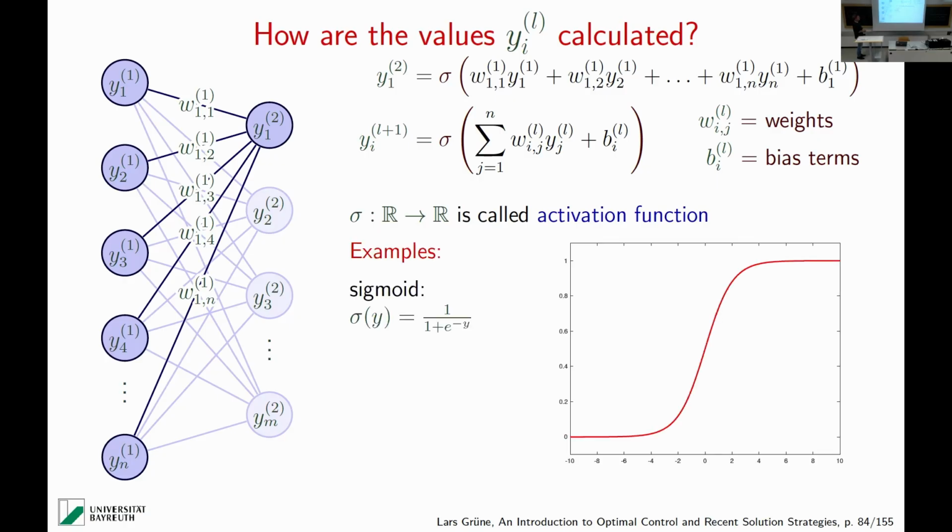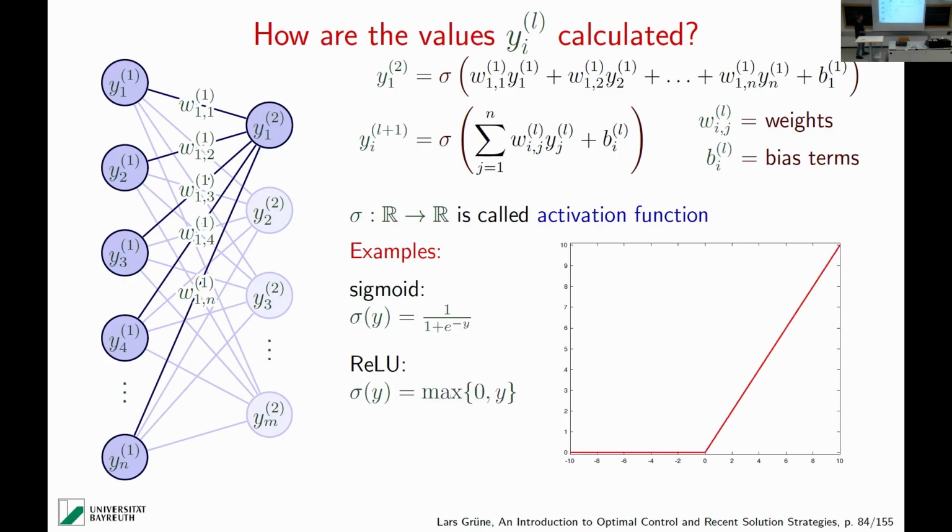And there are many different choices. In classical neural network theory from the 1990s, you would very often see these called sigmoid functions. In modern applications, you very often see this ReLU, which is called rectified linear unit. I have no idea who came up with this crazy name. So linear unit means it's just a linear function, in this case, just the identity here.